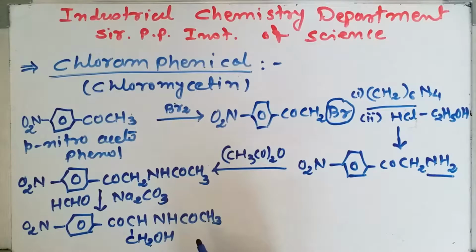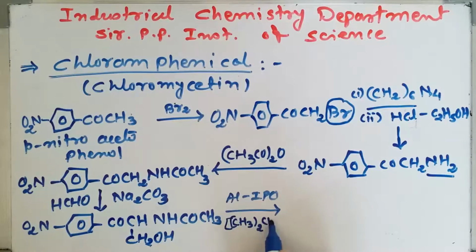Now we treat it with aluminium isopropoxide. It is known as ALIPO, and the structure of this compound is (CH3)2CHO thrice Al, aluminium isopropoxide.